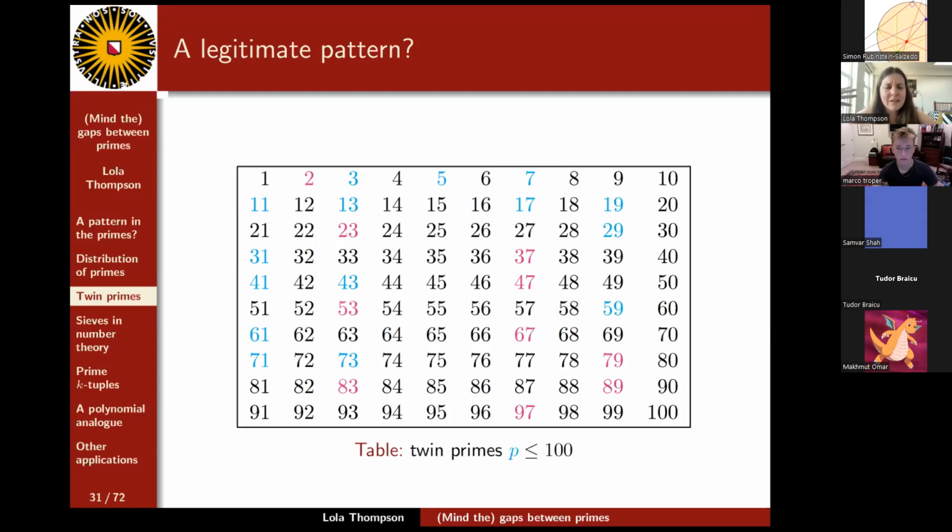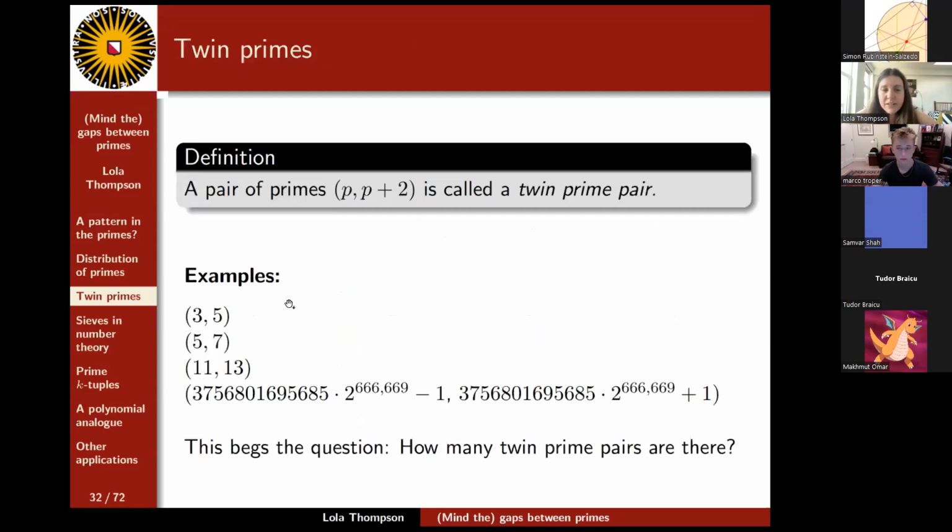And we can see that there are fewer twin primes than just primes. But it turns out that if we go really far out, like here are 2 really big numbers, this is a pair of twin primes. And so this begs the question, well, how many twin prime pairs are there? Will we keep finding more and more of them, or is there some largest twin prime pair?